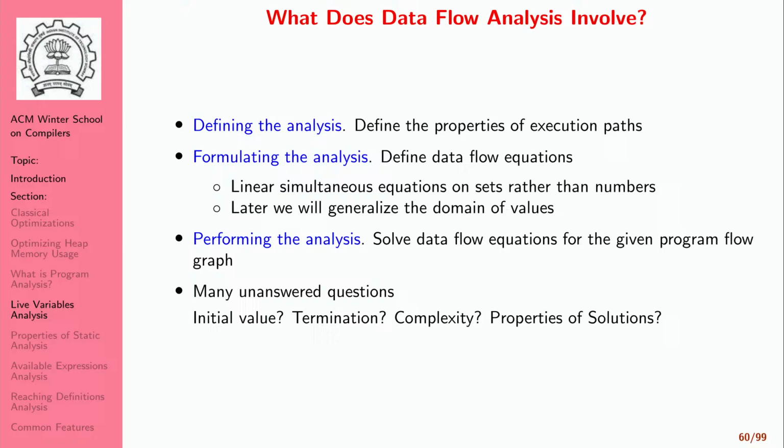Exactly. If it's a loop, then you have not covered the path that starts at the loop entry. So for example, if you have a loop here and here you have a use of V, so here you are not marking V as live in the first iteration.